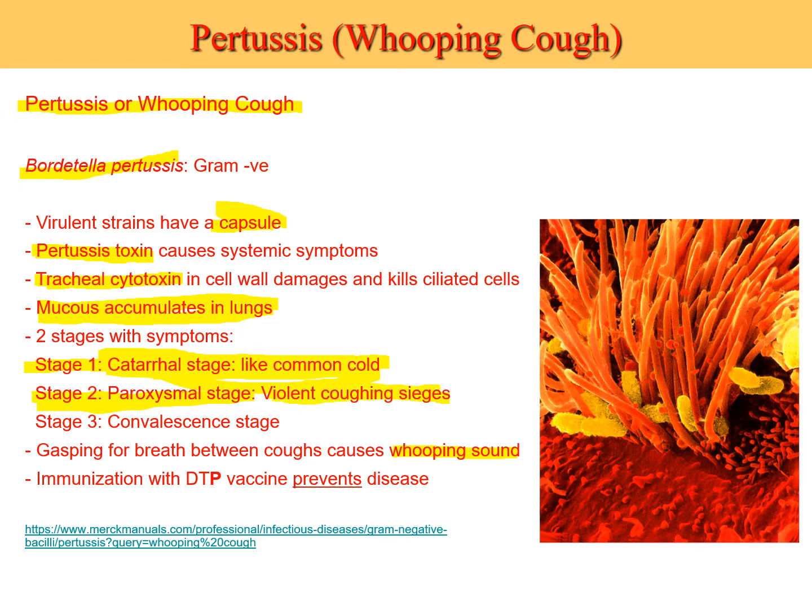And then there's a stage 3, which is a recovery or convalescence stage. The disease is prevented by the DTP vaccine. It's the P in the DTP vaccine, and prevents the disease. And I've put in a link for you if you want more information about it.